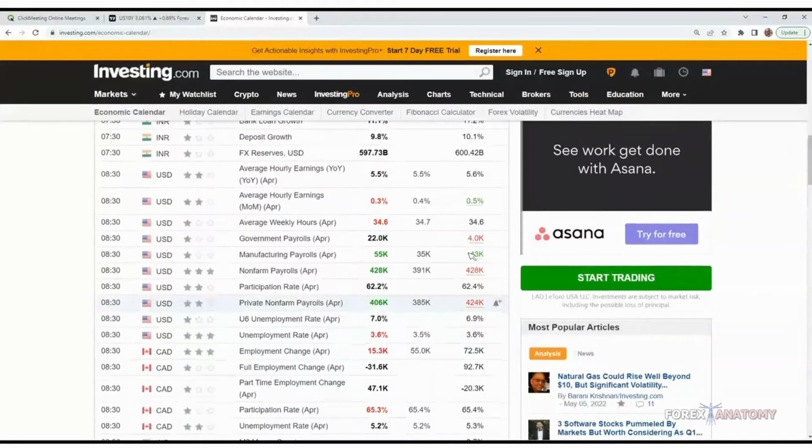But when we look at average hourly earnings right here, we didn't really see a huge pickup on a year-to-year basis. It's still at 5.5%, remaining flat at that level. But we only saw it pick up by 0.3% on a month-to-month basis.